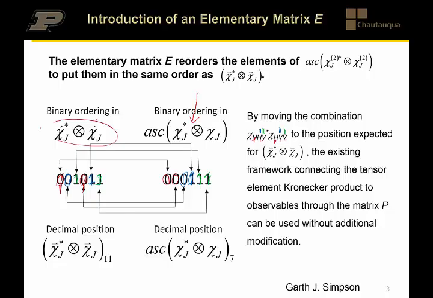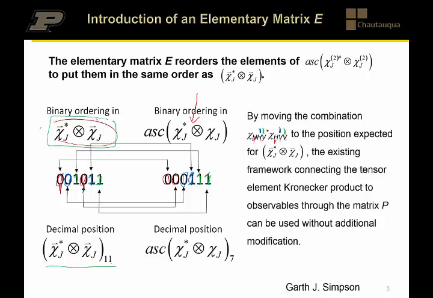So we now know where to put these, and we can take advantage of the fact that those zeros and ones are more than just convenient placekeepers. They actually tell us the decimal position if we convert them to decimal from binary. So for example, the 1011 position, which would correspond to HHV, HVV in this ordering, is in the 11th position in this particular tensor product.